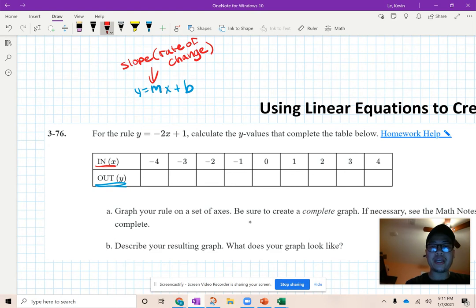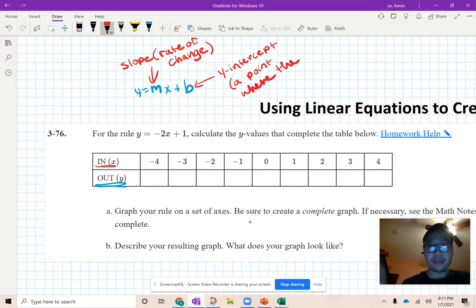And then b stands for the y-intercept. And you will always find it at a point where the line intercepts the y-axis. And remember, the y-axis is up and down.